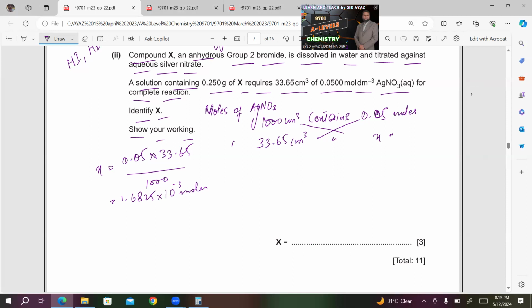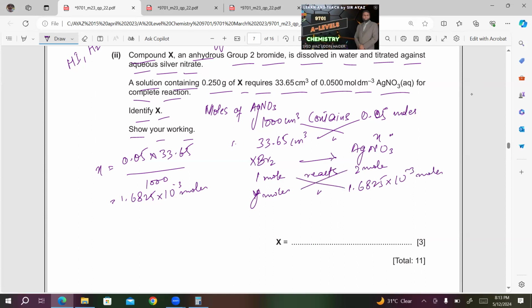If I write group 2 bromide as XBr2, XBr2 reacting with AgNO3, here we have 1 mole reacts with 2 moles. Let Y moles of XBr2 react with 1.6825 into 10 to the power minus 3 moles.